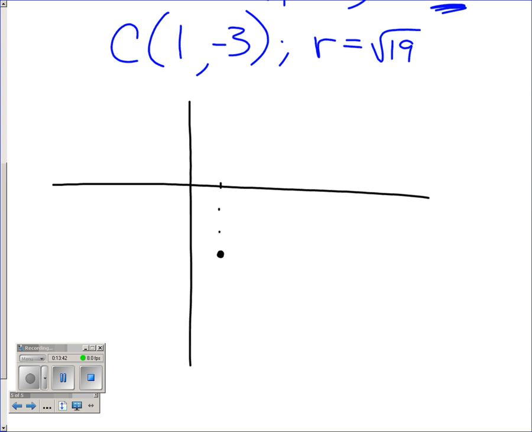Here's the center, 1, negative 3. Now, I don't know exactly that square root of 19, but again, they just want the points. So I'm going to come across to what I think is about 4.5. So 1, 2, 3, 4. All right. I'm going to choose a point right there.